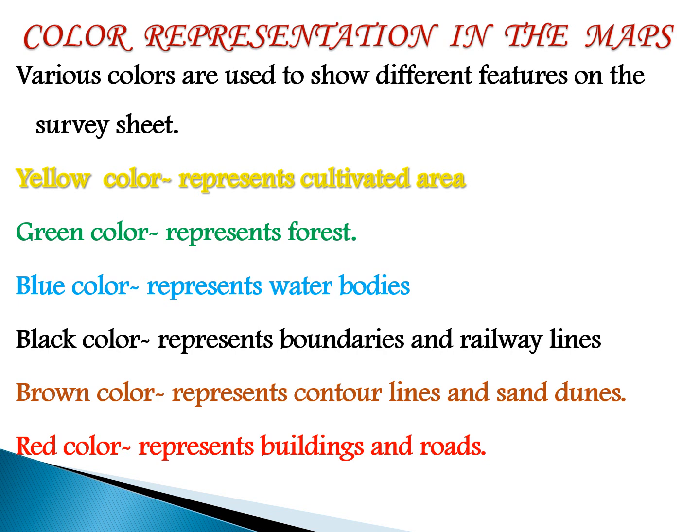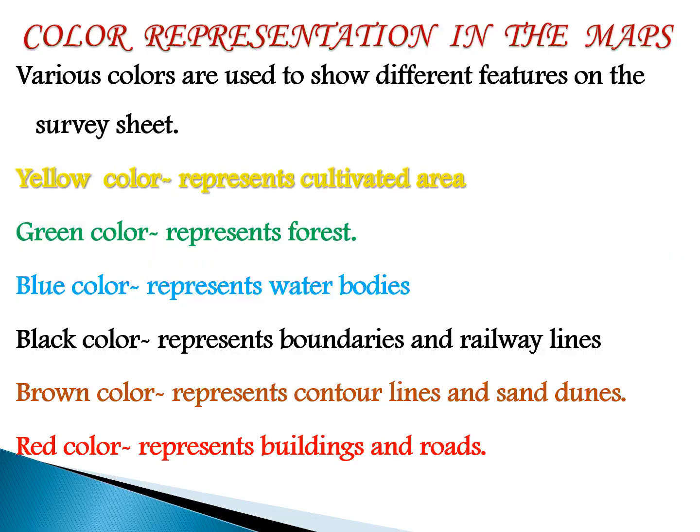Then brown color represents the contour lines or sand dunes. Then red color represents the buildings and roads. Red or brownish color, dark red color, they represent the buildings and the roads. So this is how you can simply judge by looking at the color. So, color representation in the map.